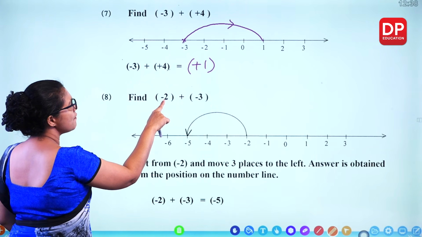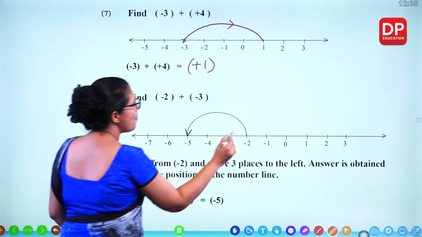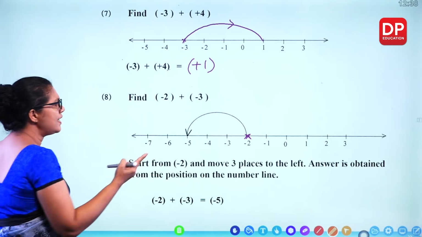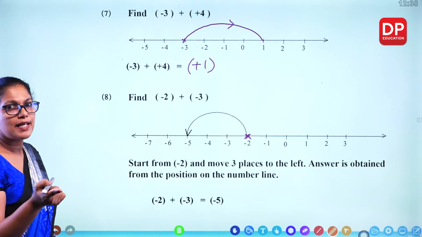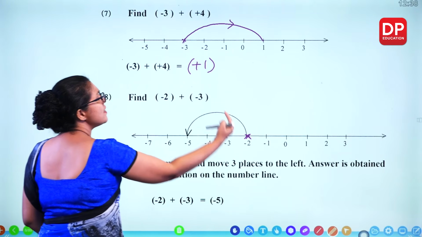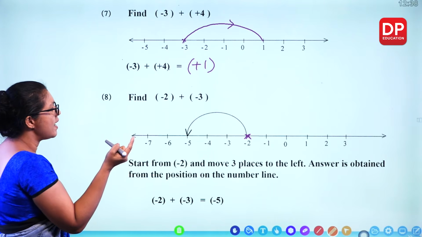This one, -2 plus -3. So, starting from -2 and adding -3. Adding means to the right, but you are subtracting here another -3. Now, again, you have to go back to left.